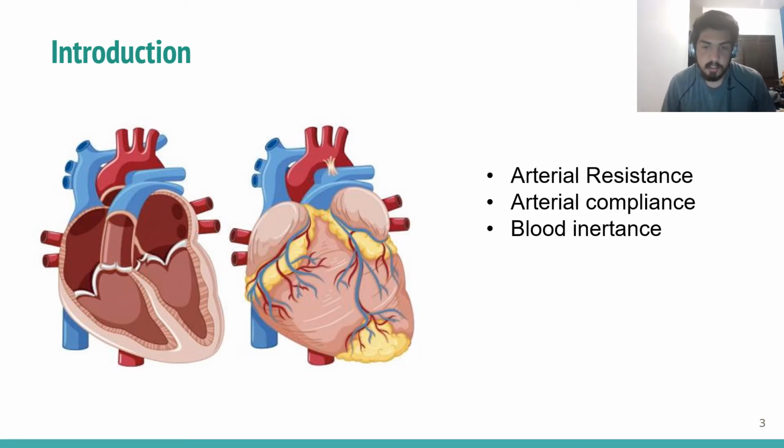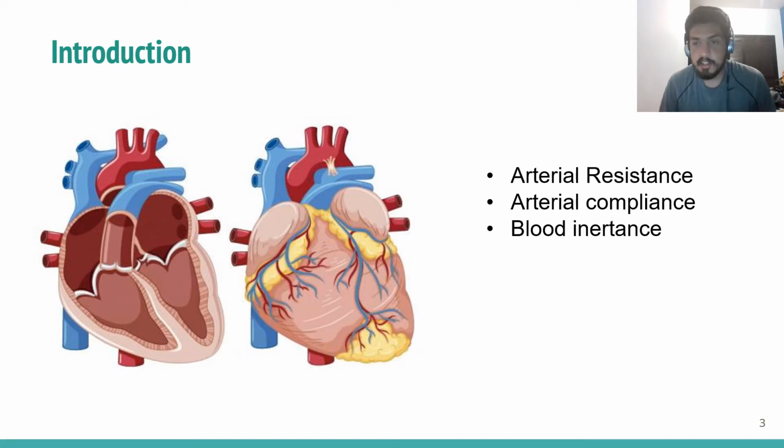All these models have different equations, but in this model of the arterial circulation, all these models of the arteria have three elements, which are the same for every model.